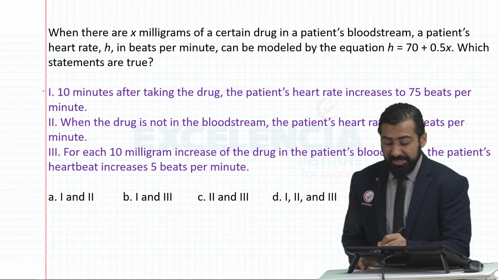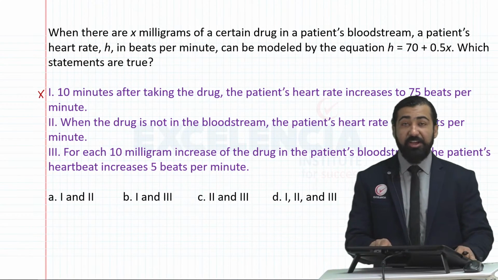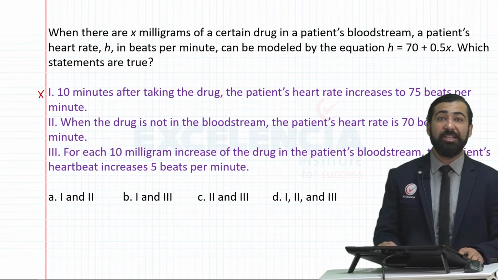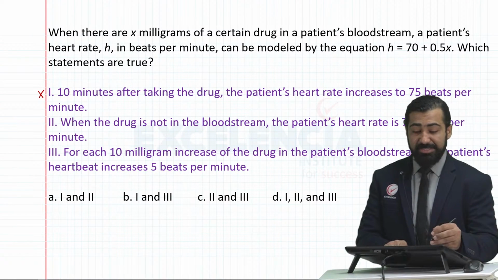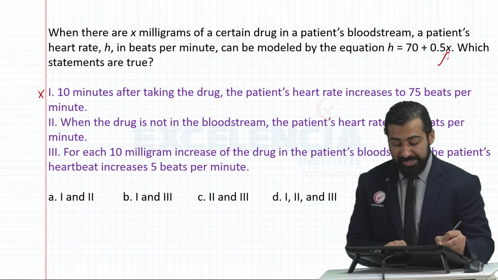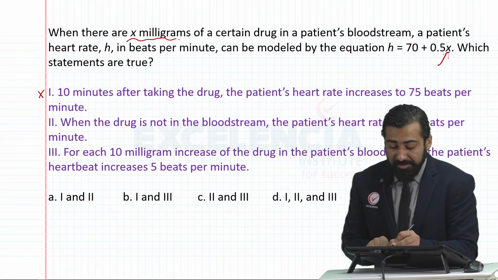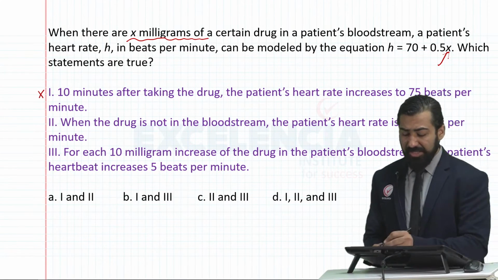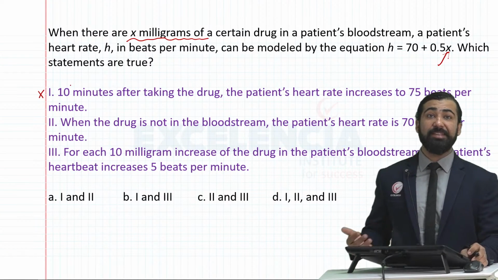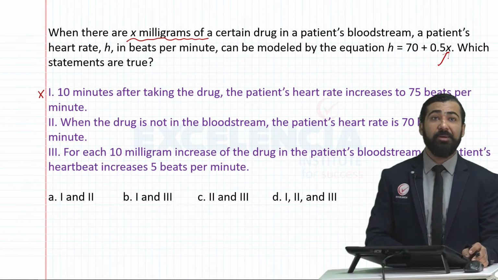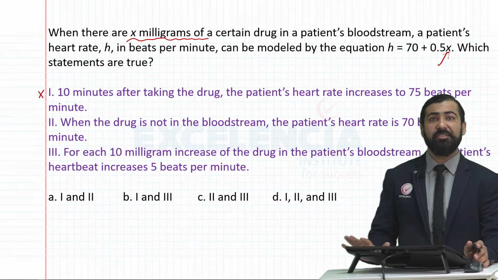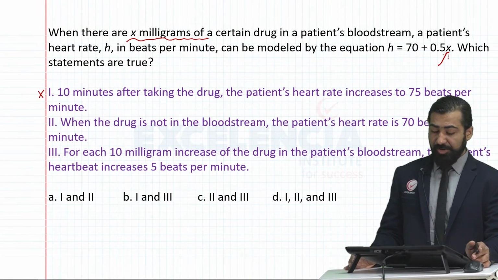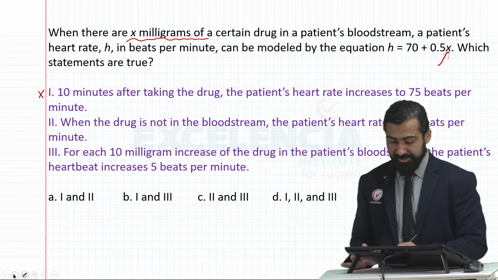Here we rejected the first option because in the first option we have been given 10 minutes after taking the drugs, whereas in the question x represents milligrams of a certain drug and not the time. If x represented time, then this option would have been correct, but since x represents milligrams of drug in the patient's bloodstream, that's why we rejected the first option. We just looked at the other two options.